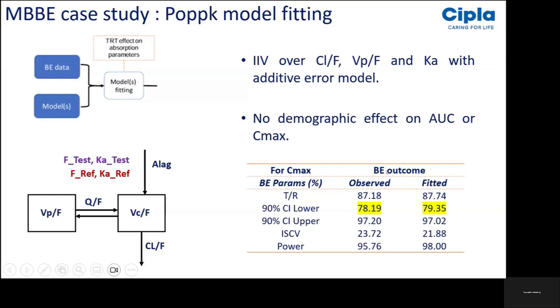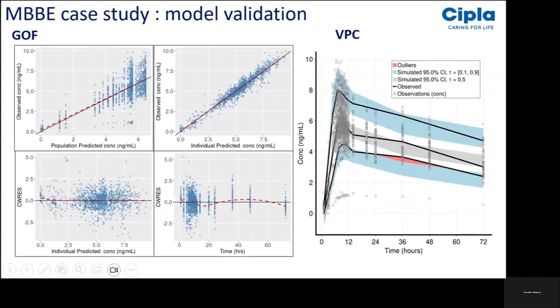From the validation point of view, we could see that the observed and fitted data were very well aligned, and you can see that from the T/R ratio, 90% CI, and also the inter-subject variability. The model was found to be well validated, and we can understand this from the GOF of the validation parameters.